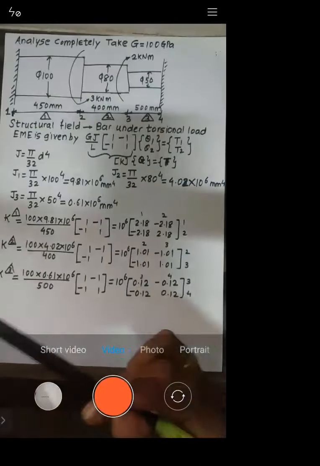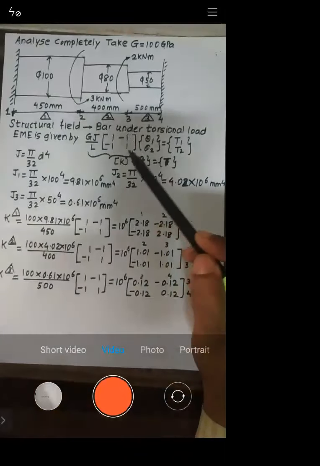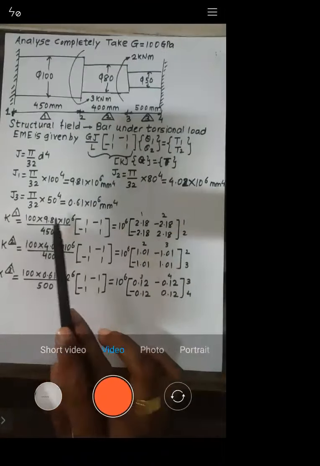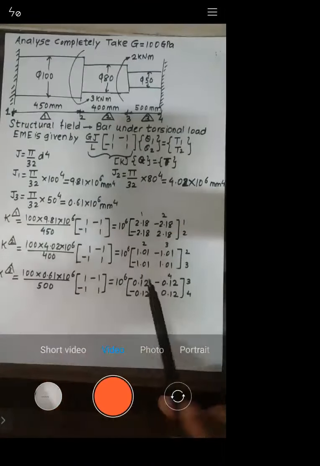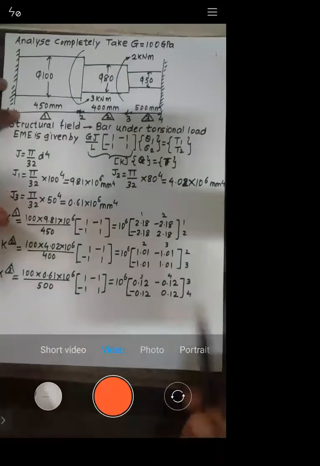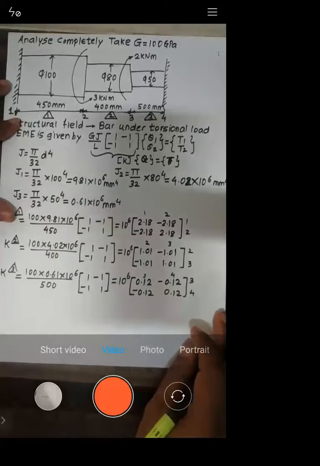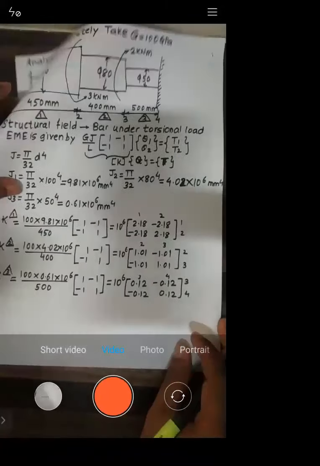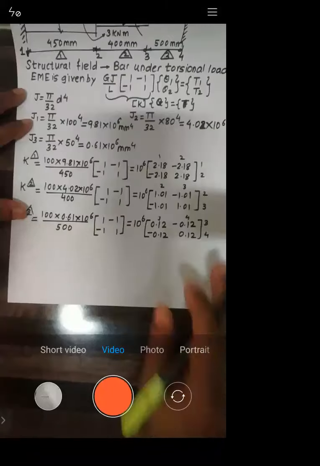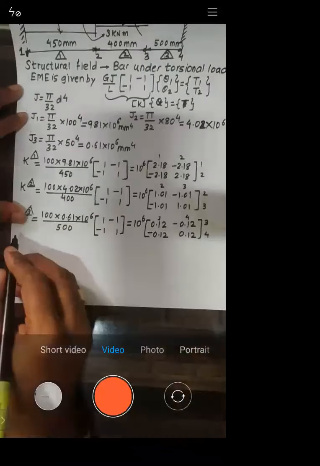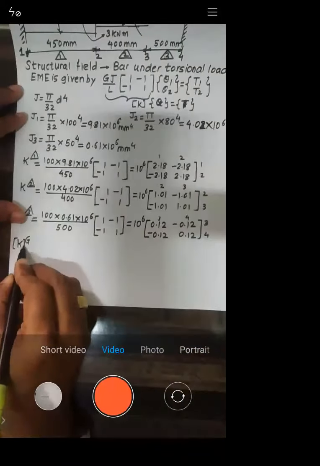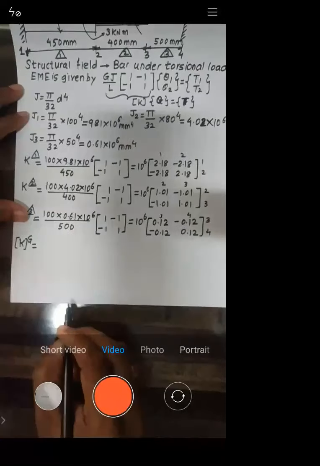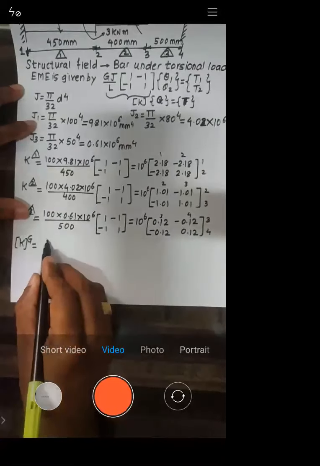Next step will be to calculate element stiffness matrices. So this is GJ by L, and we are getting these values. All of you understood? Clear? Now what is the next step? We need to form the global stiffness matrix. Is it okay?